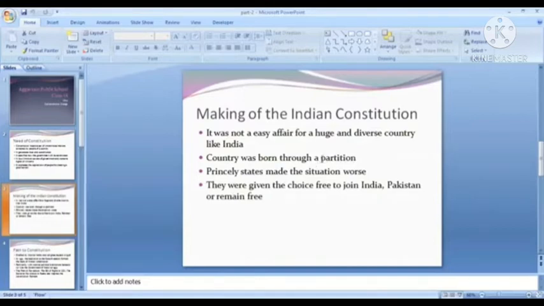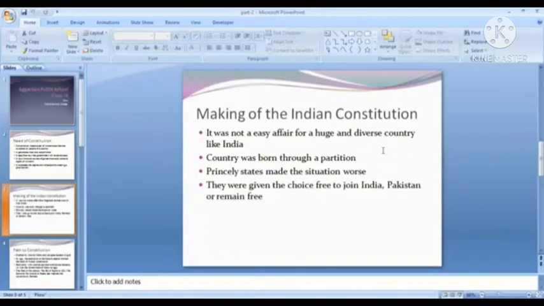And at the time of partition, a lot of the resources of India were exploited. At least 10 lakh people were killed on both sides of the border in partition related violence.